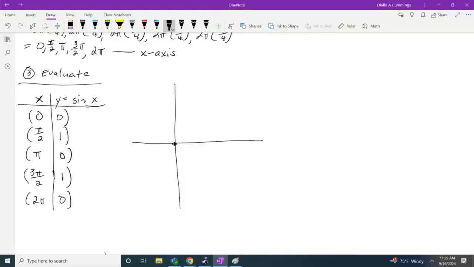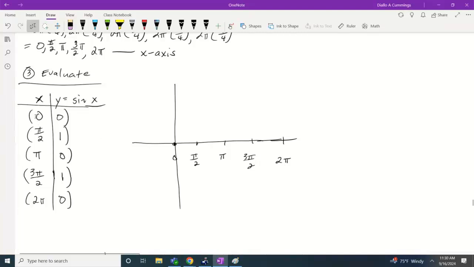Okay, so on my x-axis, I'm actually going to list out these radian values. So this is 0. This is pi over 2. This is pi. 3 pi over 2 and 2 pi. So notice on my x-axis, I don't have 1, 2, 3, 4, right?